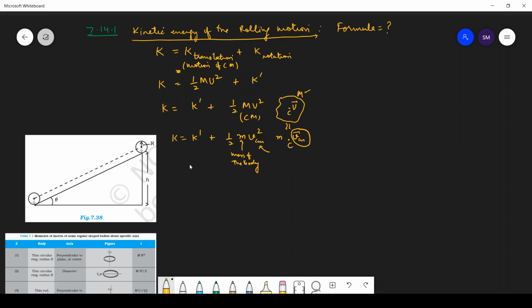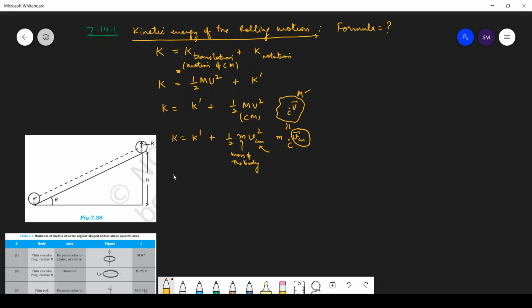Since the motion of the rolling body is rotation about the center of mass, the body is rotating about the center of mass. So we are writing this K dash, which represents the kinetic energy of the rotation of the body.